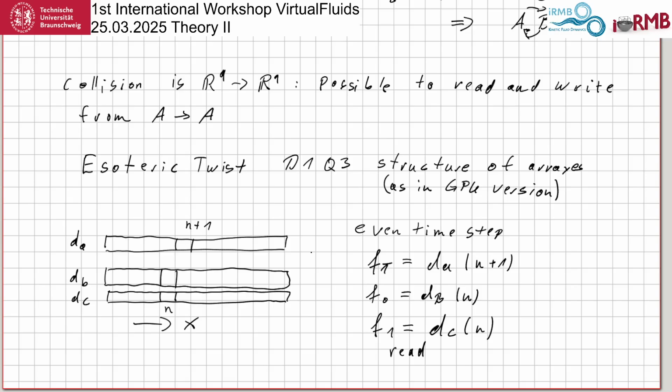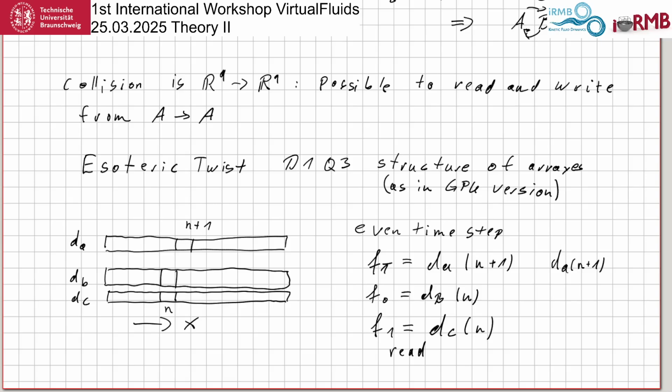So writing it back goes now like this. We have to store in dA at n plus 1. So we can only use positions in our arrays from which we read, right? Because these are the ones that we do not need to keep.